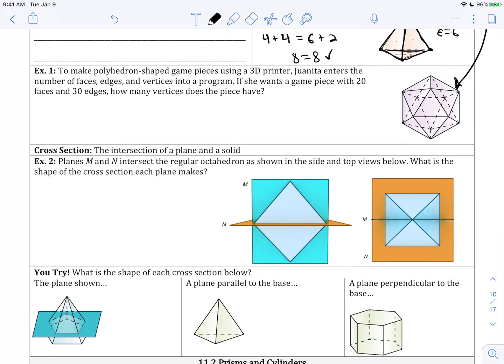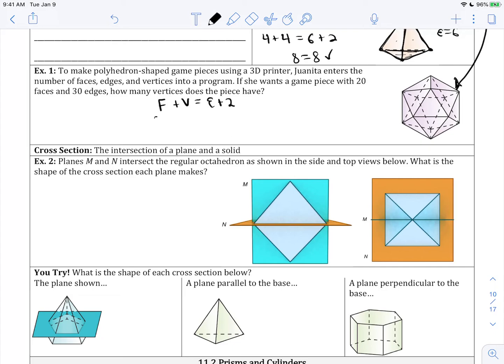To make polyhedron-shaped game pieces using a 3D printer, Juanita enters the number of faces, edges, and vertices into a program. If she wants a game piece with 20 faces and 30 edges, how many vertices does the piece have? So we have the equation, faces plus vertices equals edges plus 2.